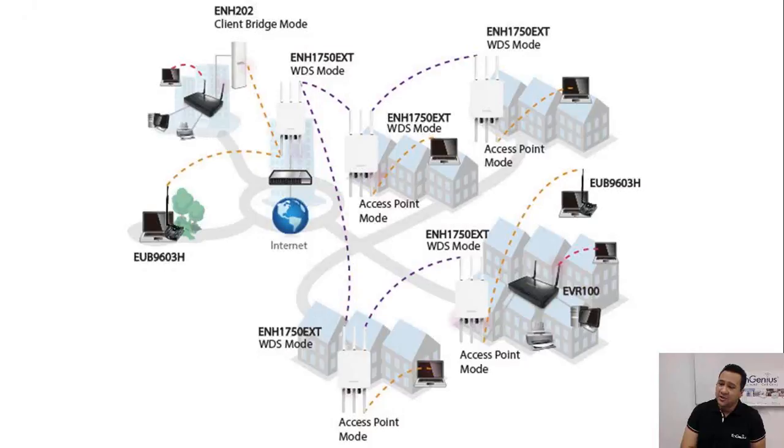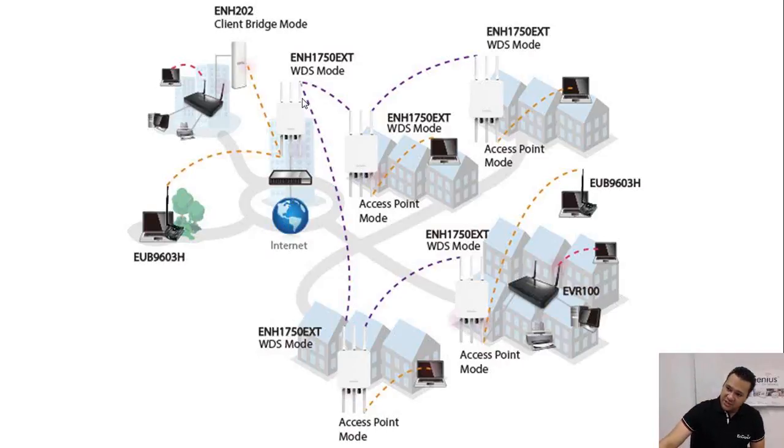Okay, just an example here of how to deploy a WDS solution. In this picture, we can see that this access point is the main access point to start, and it is connected to a network which is connected to the internet.